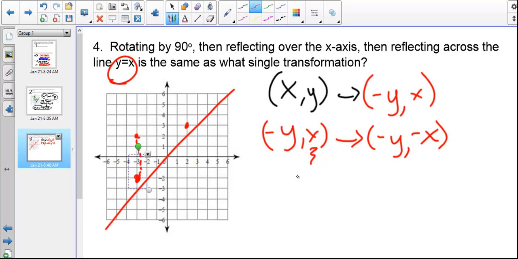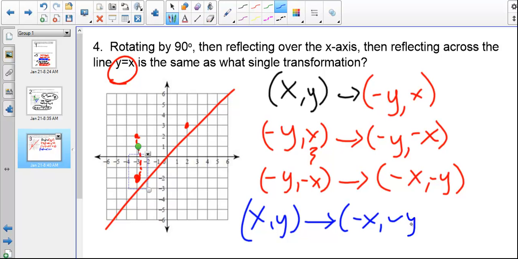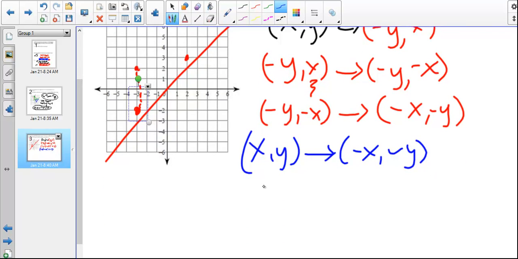If we remember, what happens there is we switch our coordinates. So the coordinates were (negative y, negative x). They switch and become (negative x, negative y). So our rule for the composition of all of these as one function would be (x, y) turns into (negative x, negative y), which hopefully you realize is the rule for a rotation of 180 degrees around the origin.